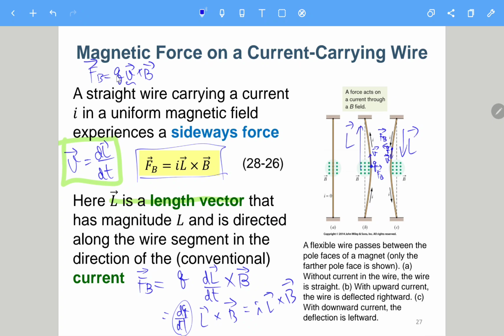If it is negative, then V points to the opposite direction, but it turns out to be the same thing. So we just simply assume that the charge is positive, and then the velocity just follows the direction of the I. And L also follows the direction of the I. So this expression and this expression will give you the same idea, FB.